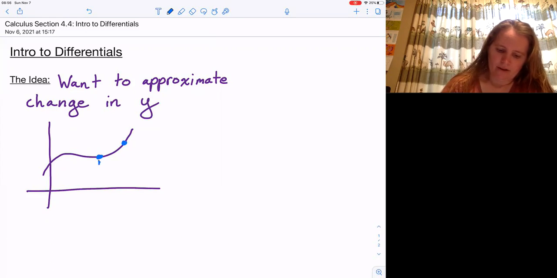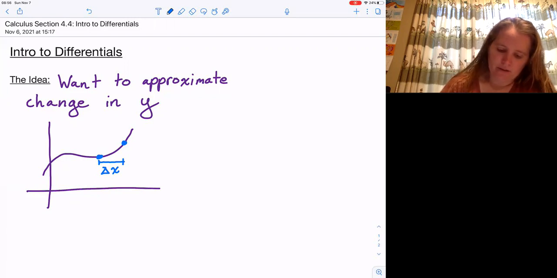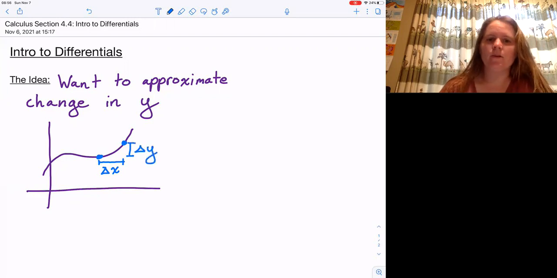And then we have the change in x value, which I'm going to label as delta, Greek letter delta, which is just a triangle, x. And then we also have a change in y value, which is our change in y.